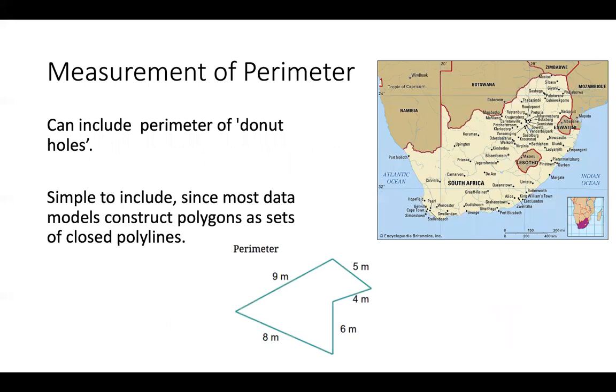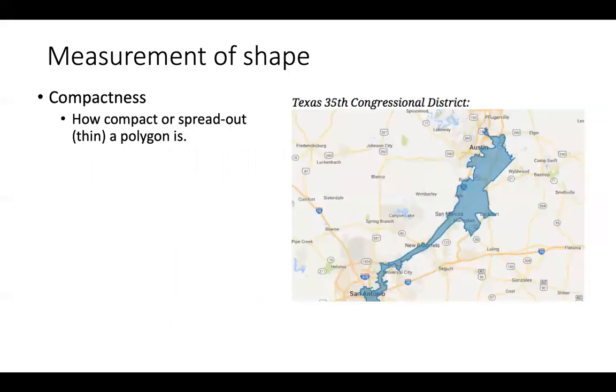Next up, we can also measure the perimeter of an area, which is really just the length of a line, since polygons are just a set of closed polylines. This can include the perimeter of donut holes, such as here in Lesotho, which is inside South Africa. Finally, we can also measure something called the compactness of a polygon.